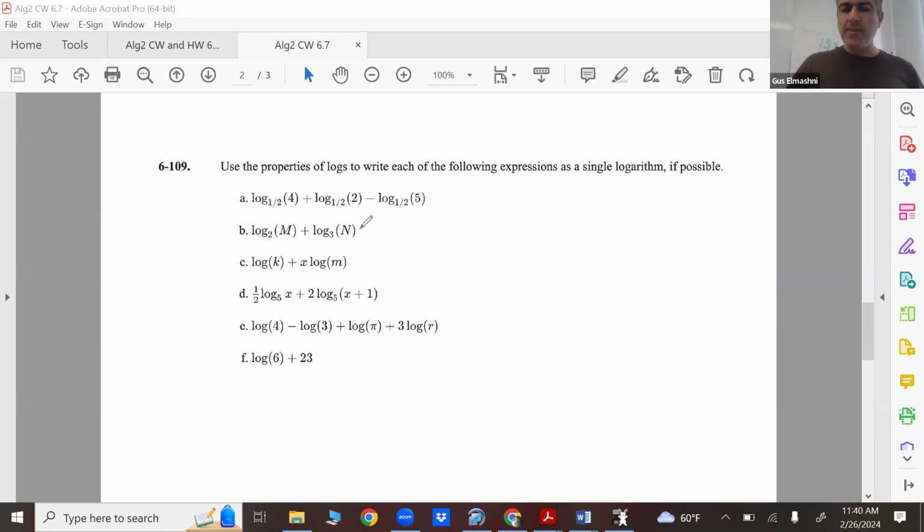So let me do part B first. There's a plus. So how would I combine those letters? What would that be? Multiply them. There you go. That's it. Oh my goodness. You caught me. I made a mistake. Yes.